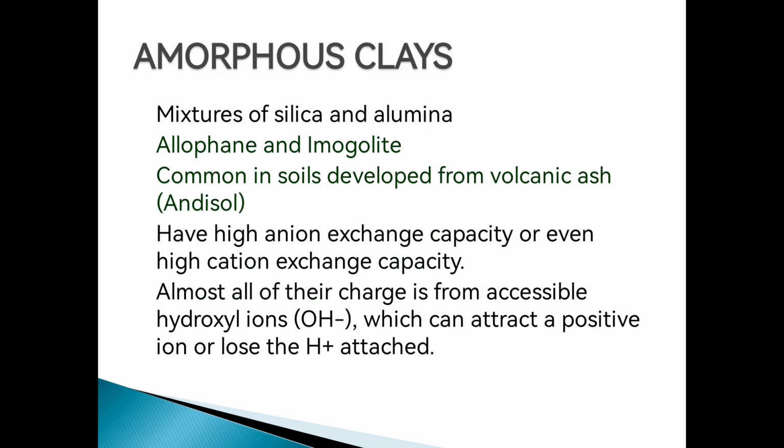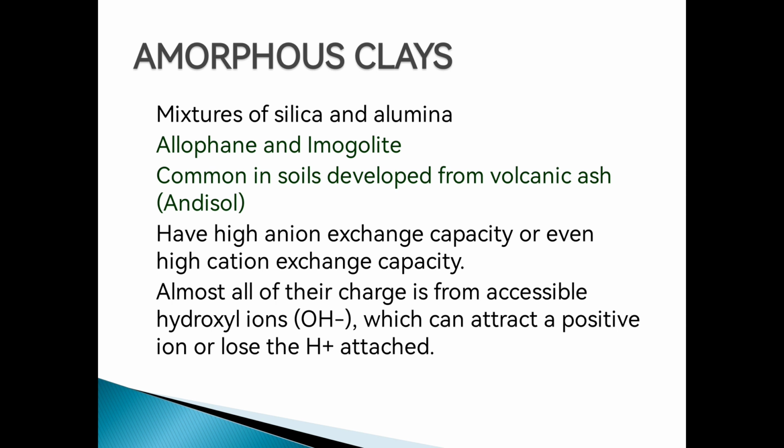Then we also have another kind of inorganic clay colloids, which are the amorphous clays. These are mixtures of silica and aluminum. It includes allophane and imogolite, and they are common in soils developed from volcanic ash or andisols. They have high anion exchange capacity or even high cation exchange capacity.